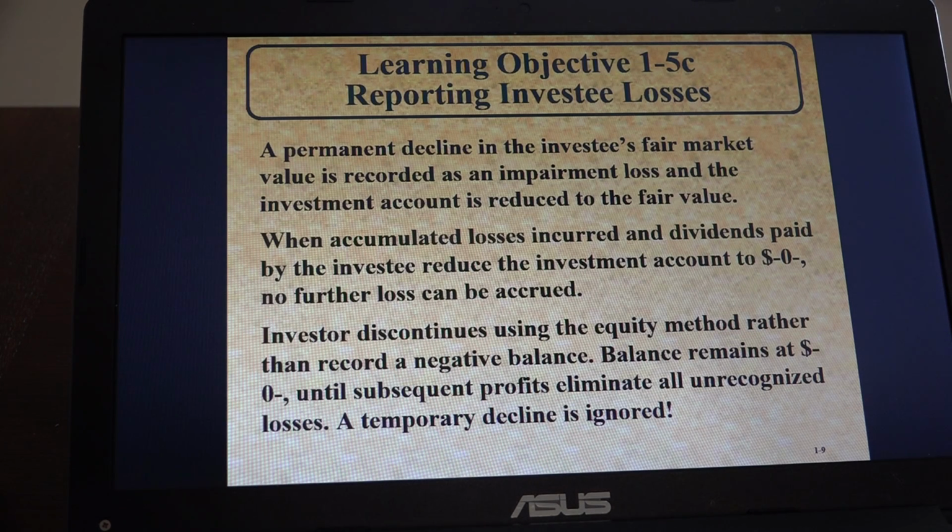Well, what happens again if you go back to what I was saying before? You have reported losses and maybe a combination of that and permanent drops in value. What happens when you get to zero? Well, when you get to zero, you have to stop recording losses once you get to zero. What happens if the company continues to have losses and or permanent drops in fair value?